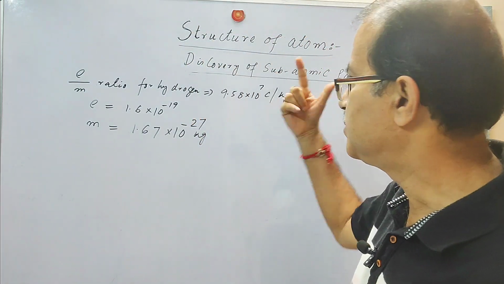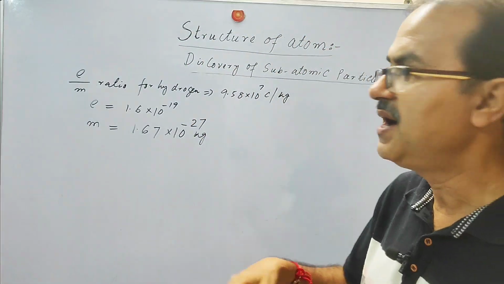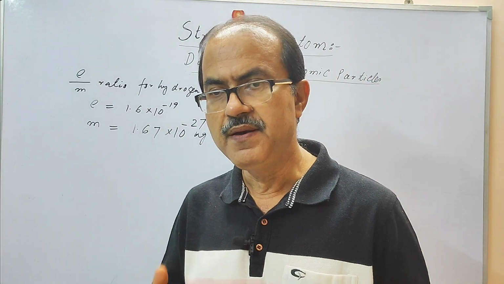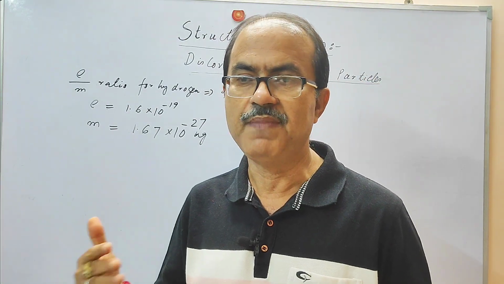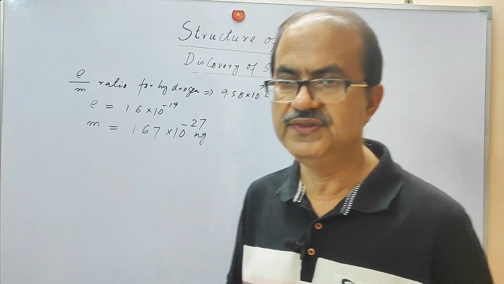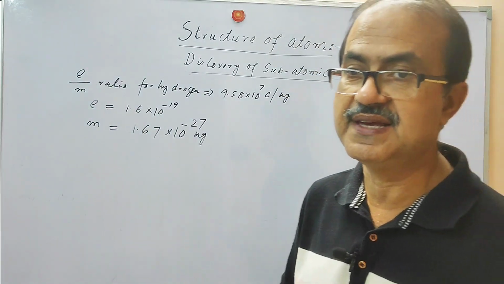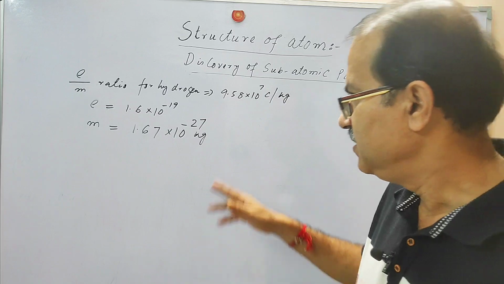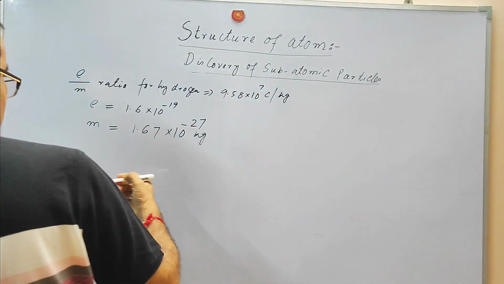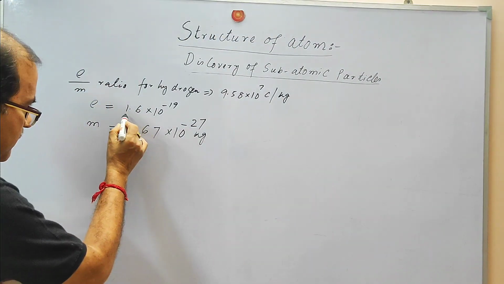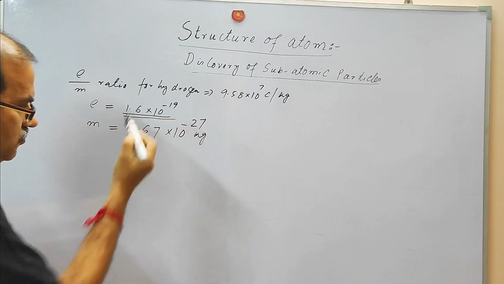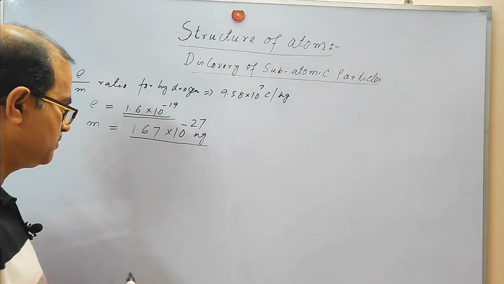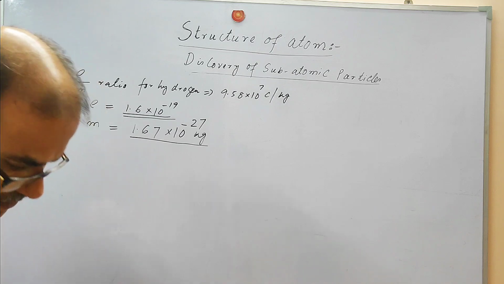But if we use another gas, the e/m ratio will be different, according to multiples based on the mass of the gas. So this is a proton, with a charge of 1.6 into 10 to the minus 19 and a mass of 1.67 into 10 to the minus 27.